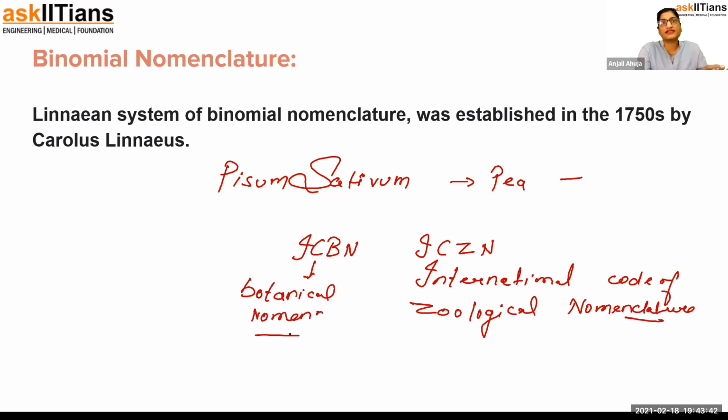These are the organizations handling all the data. This system was given by C. Linnaeus, which is why it is called the Linnaean system of binomial nomenclature.